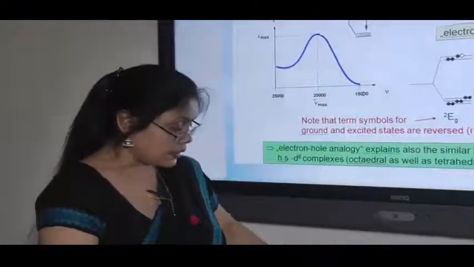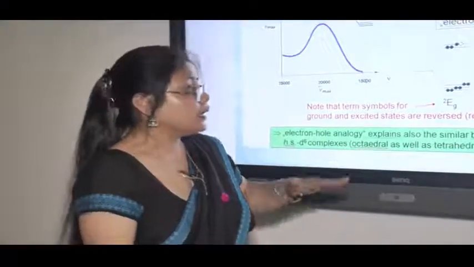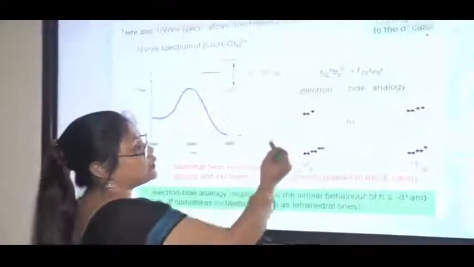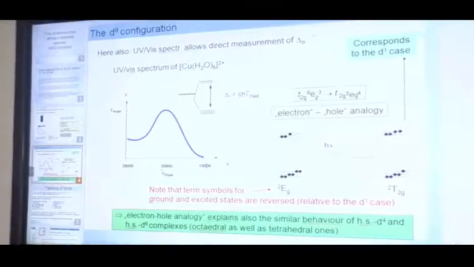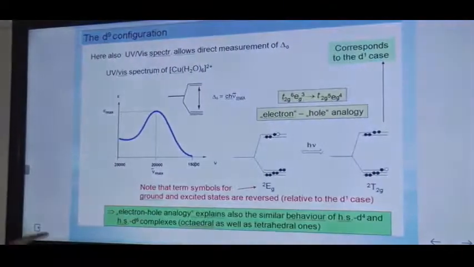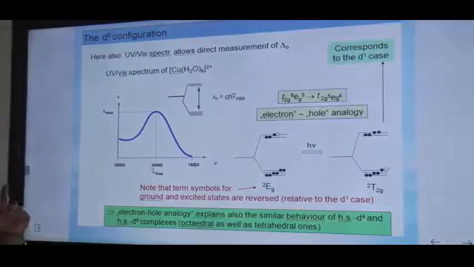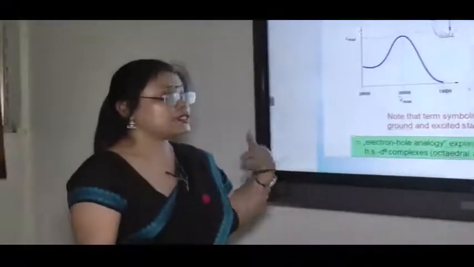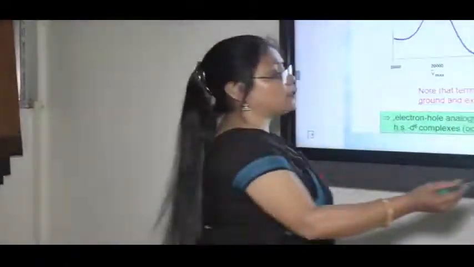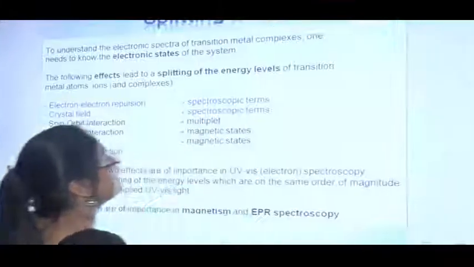So in the lower level there will be 6 electrons, in the upper level there will be 3 electrons with a hole. So in the copper case it is a hole transition, but whatever be the case, depending on the electronic transition, just like we can explain in crystal field theory, the same thing we can explain by the Orgel diagram also.